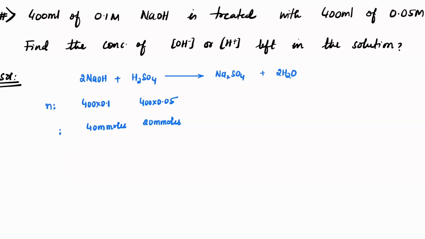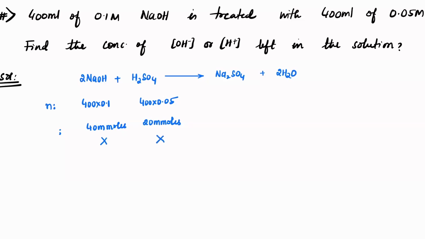For every 2 moles of NaOH, I'm expected to react 1 mole of H2SO4. That means I require a 2:1 ratio for complete neutralization. So for 40, how much is required? 20 millimoles is required, which is perfectly given, which means neither NaOH nor H2SO4 will be left.